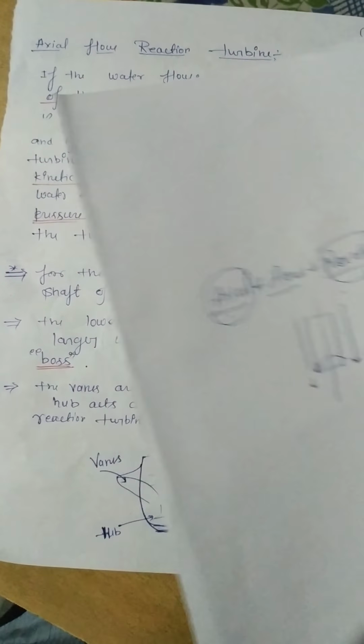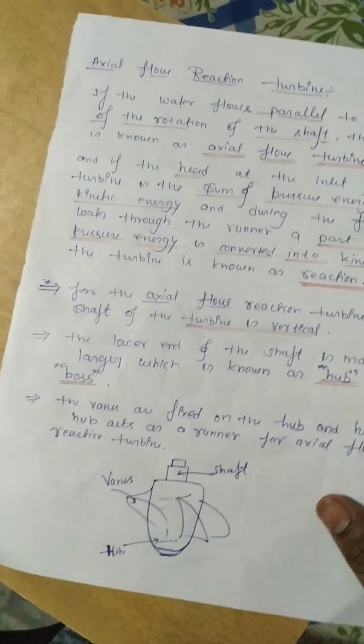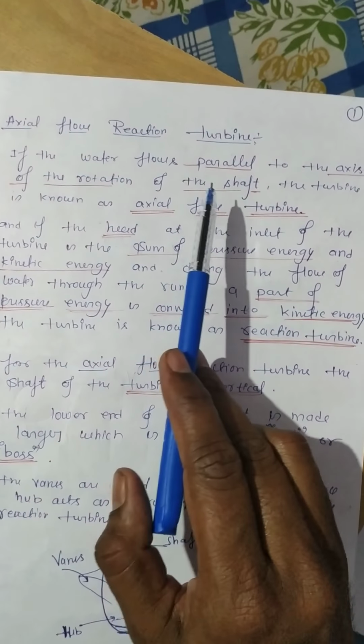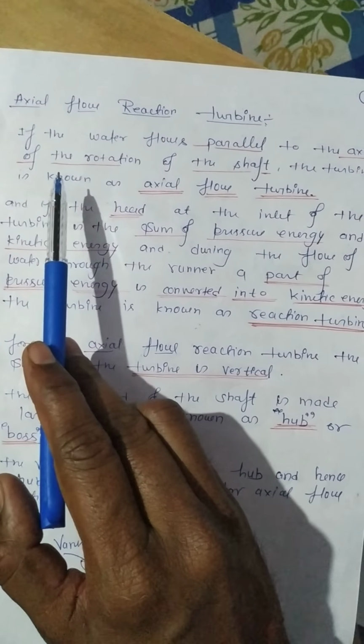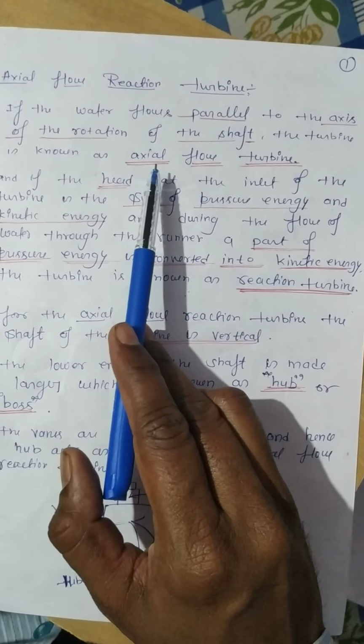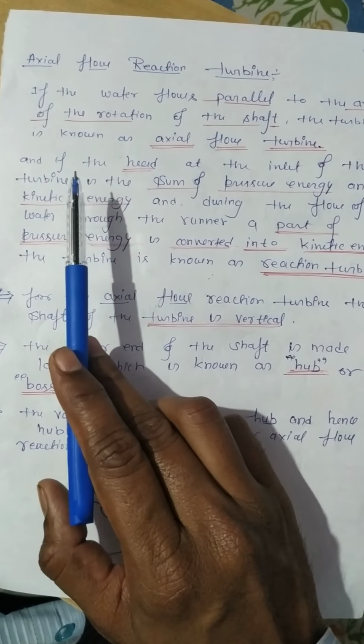So if you want to define the axial flow reaction turbine: if the water flows parallel to the axis of rotation of the shaft, the turbine is known as an axial flow turbine, as I told you, right?